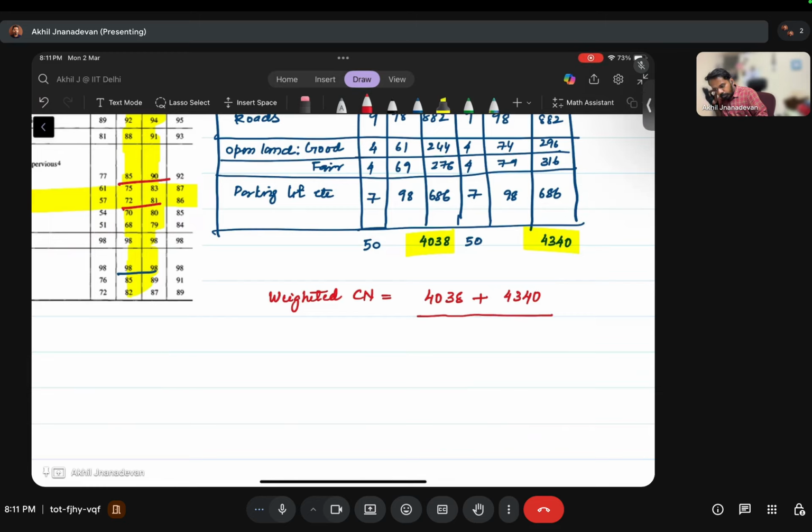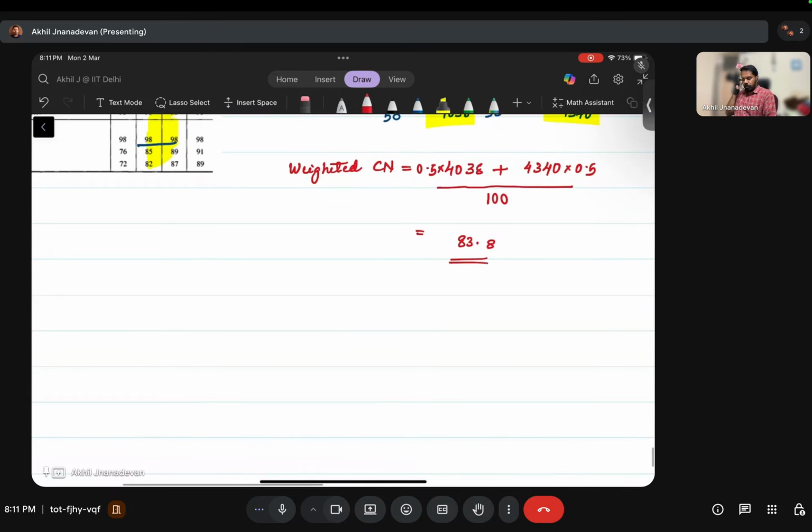That will be equal to 83.8. Right. The weights will be 50%, right, 0.5 into 0.5. So we got the curve number.